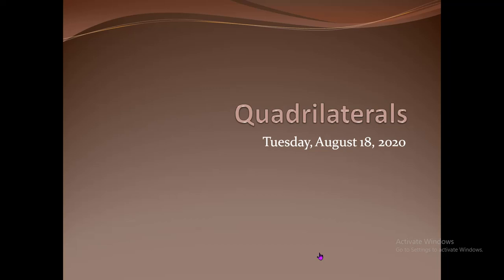the diagonals are equal. Now, parallelogram: in a quadrilateral, if both sets of opposite sides are parallel, then it is a parallelogram.